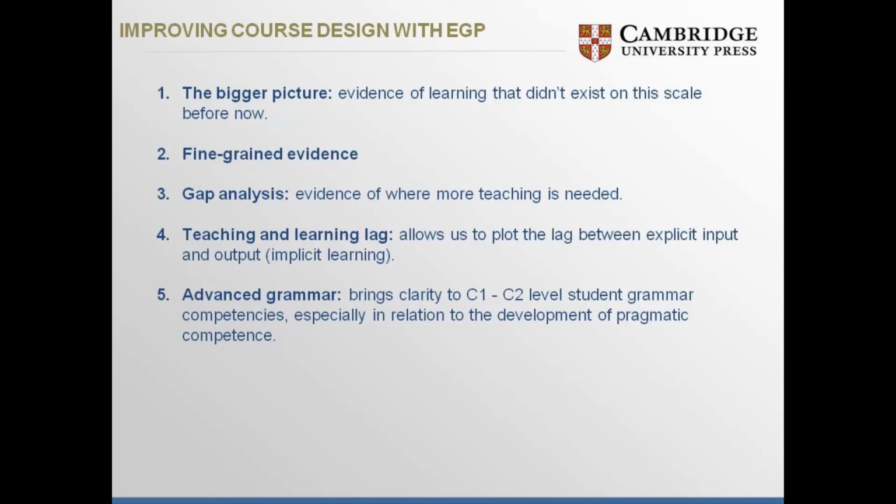And finally then, we didn't get to talk about it, but it would be really interesting for you if you're involved in teaching advanced learners. If you look at the advanced grammar syllabi across course books, people struggle to think of what to teach advanced learners in terms of grammar.